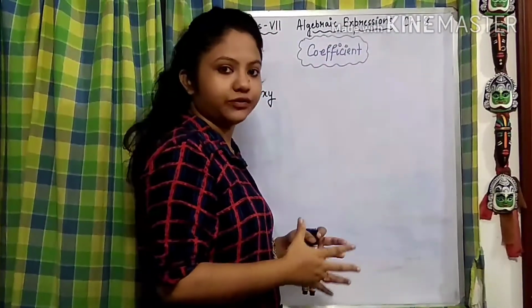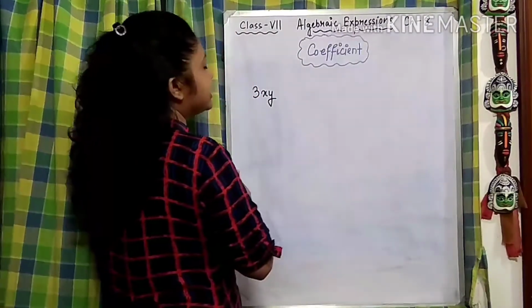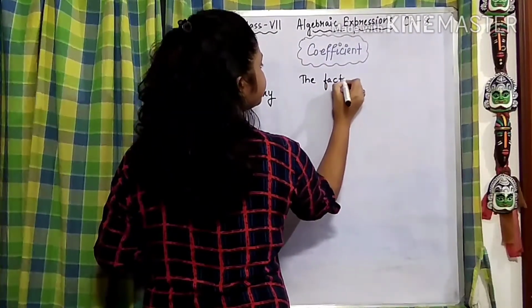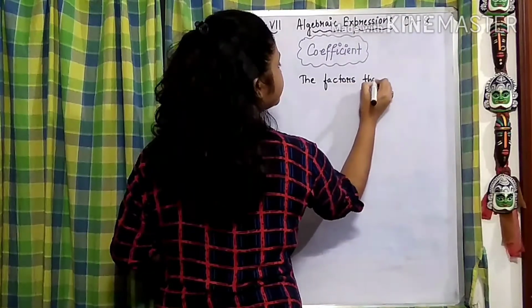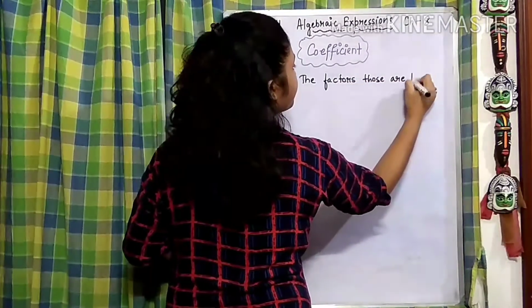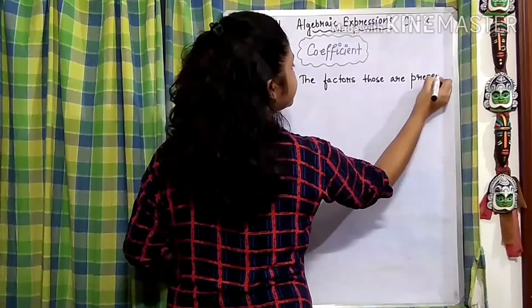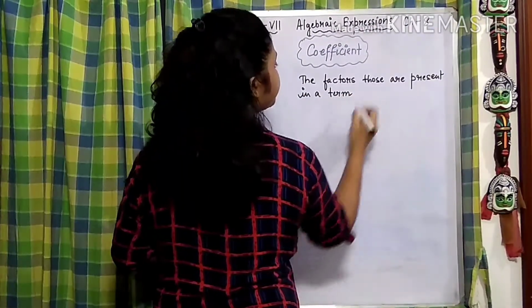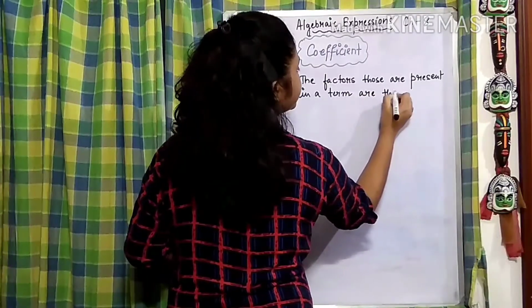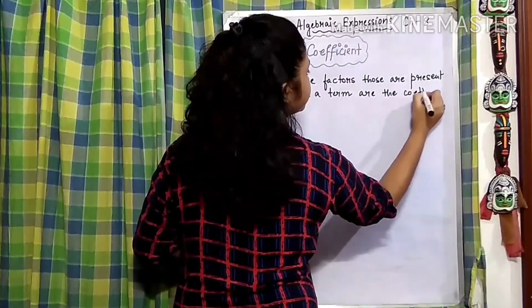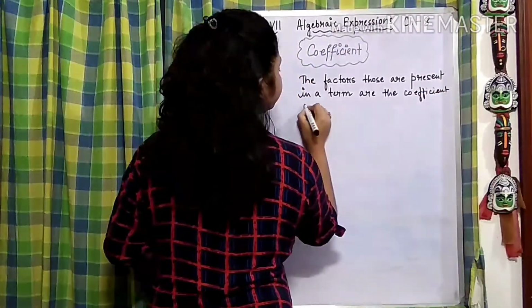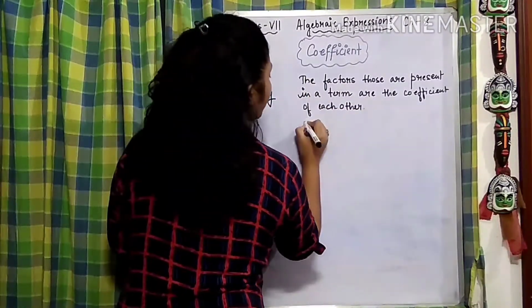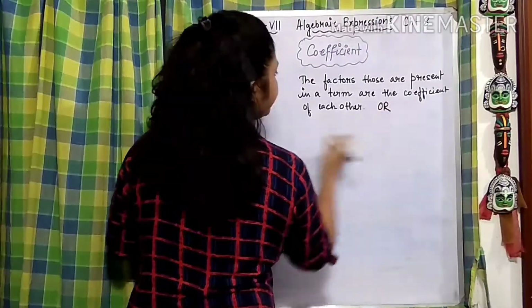According to the convention, the factors present in a term are the coefficients of each other.